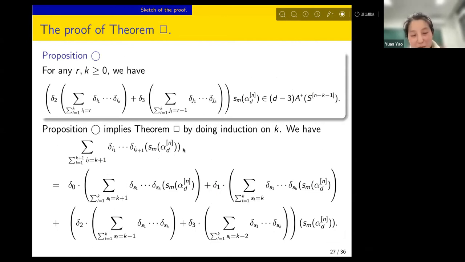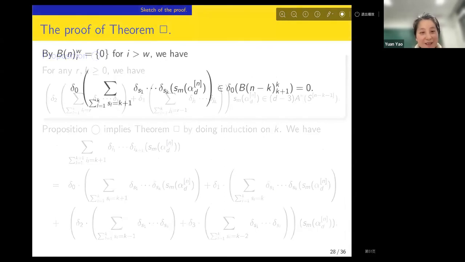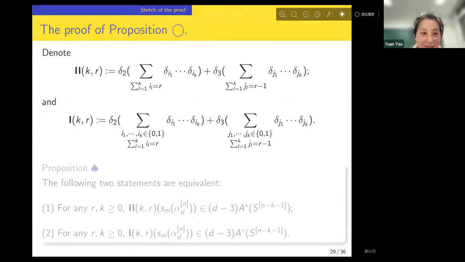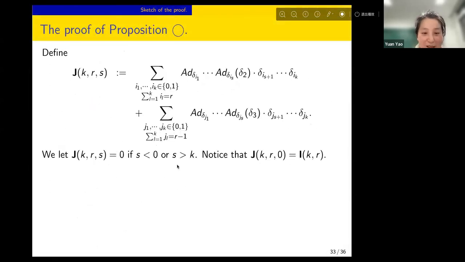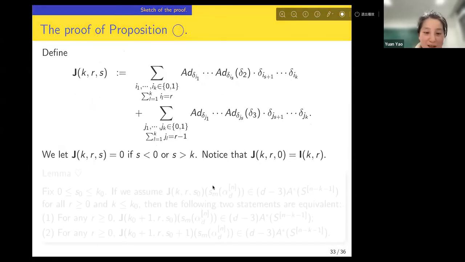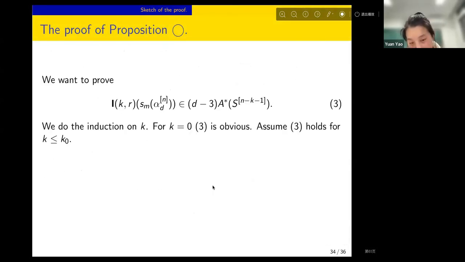So now we have changed our aim again and again, right? Finally, we can prove the statement on J_KRS directly, not very exactly directly. That's what we want to prove.